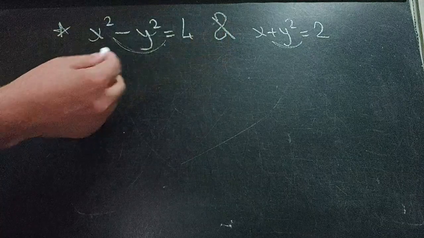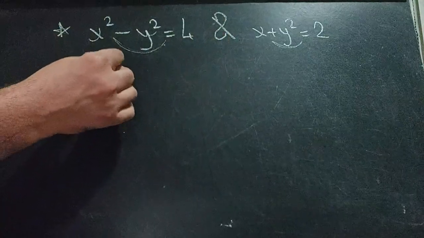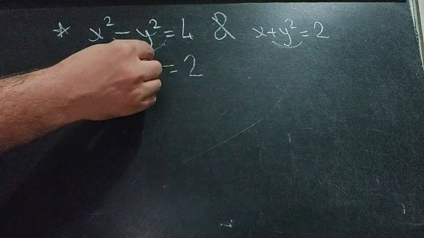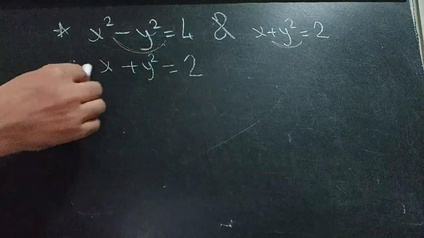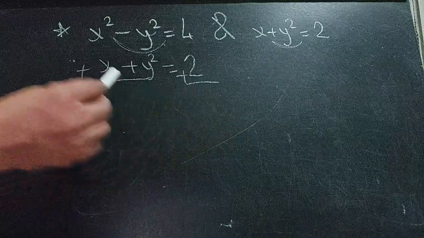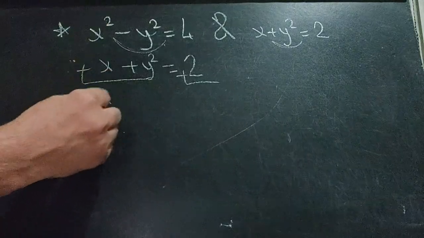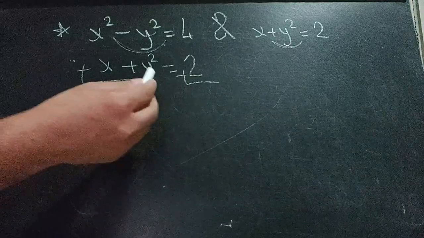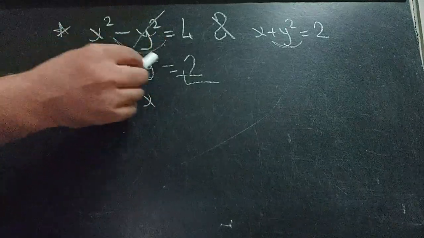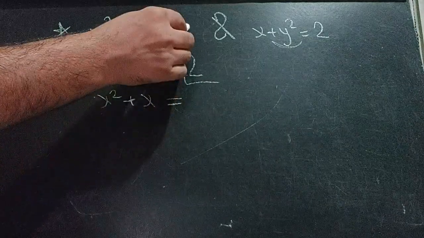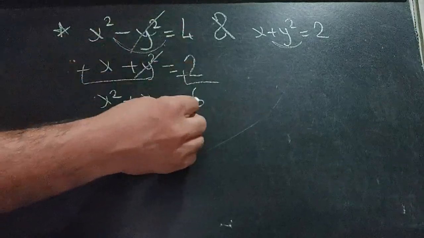Just write the equations underneath each other, x plus y² equals 2, and then add them to each other. So x² plus x, and negative y² plus y² is 0, equals 4 plus 2, 6.